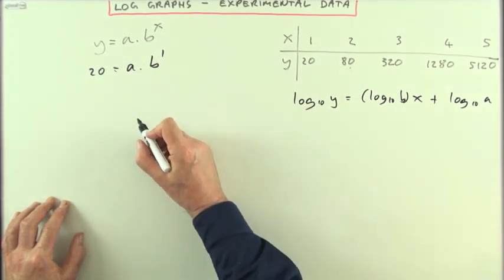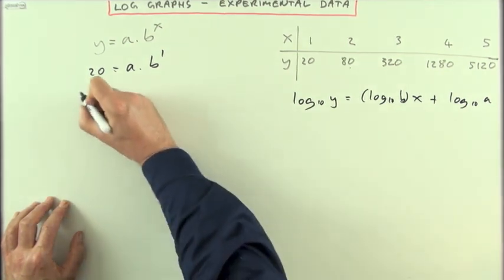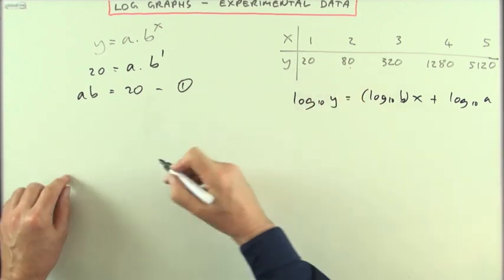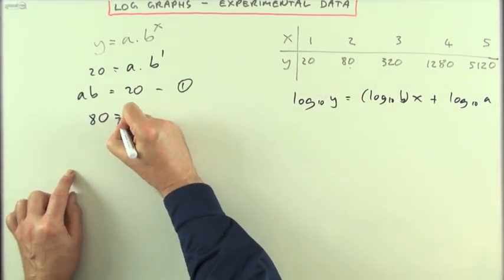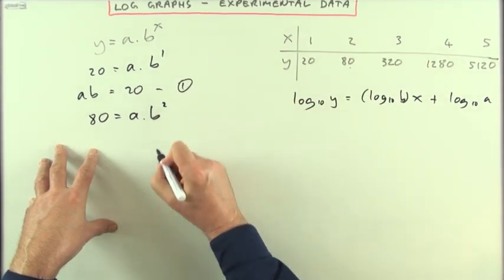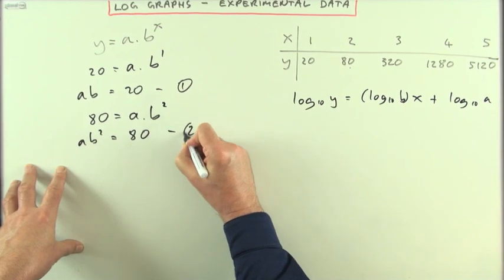So that just says I've got ab equals 20. There's one equation. Using the next one, 80 is a times b to the power 2. So that means I've got ab squared equals 80.